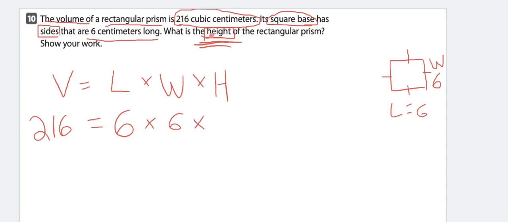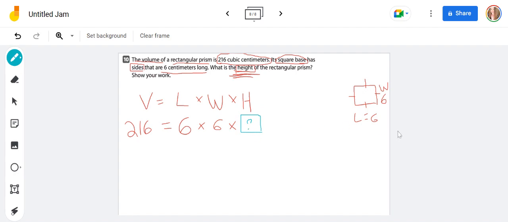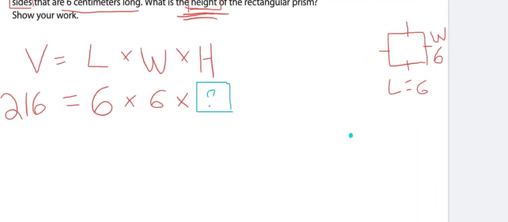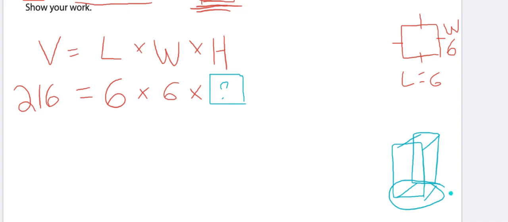And then I remember, I don't know what the height is. So I'm going to change my color here. I don't know what the height is. That's a question mark. And I also could think about it by drawing. So if I drew this prism, like so, I notice that this does look like a square.